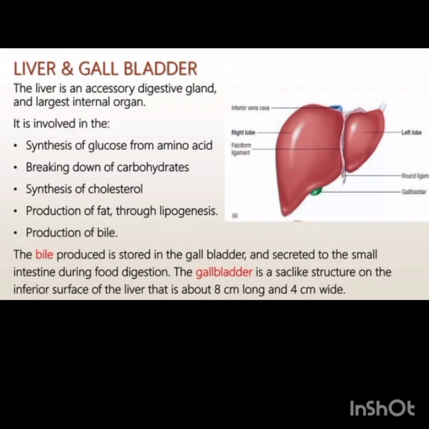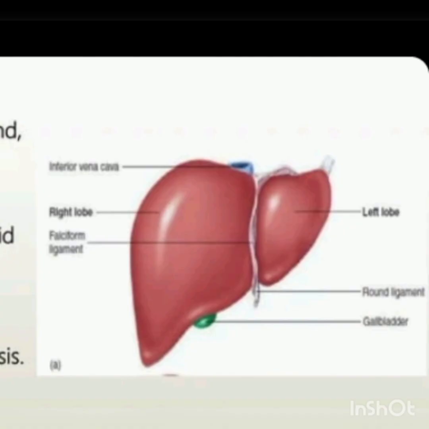So you can see the parts in detail. This is the liver. The liver has 5 lobes, we all know that. And inferior to the liver we can see the pouch-like structure, the gallbladder, which stores the bile produced by the liver.